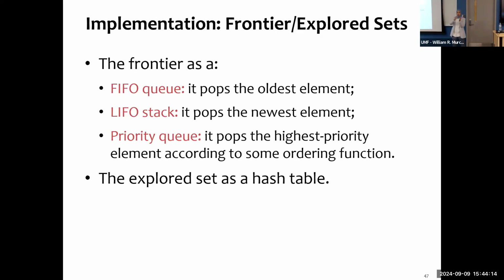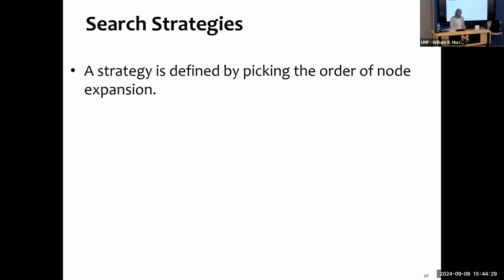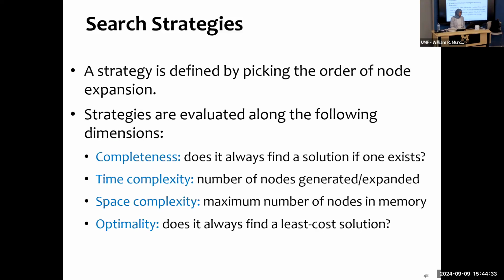For each entry we have a key and a value: the key is the node, and the value can be visited or not visited, for example. Like this, we will be able to represent these kinds of search problems to our AI, and there are different strategies in this context.